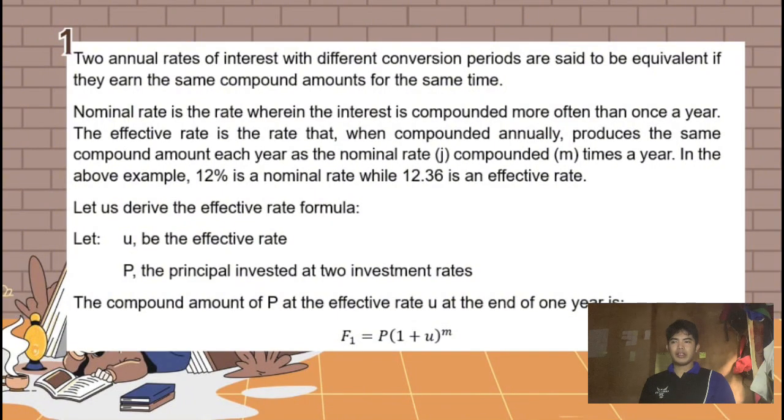Let us derive the effective rate formula. Let U be the effective rate and P the principal invested at two investment rates.